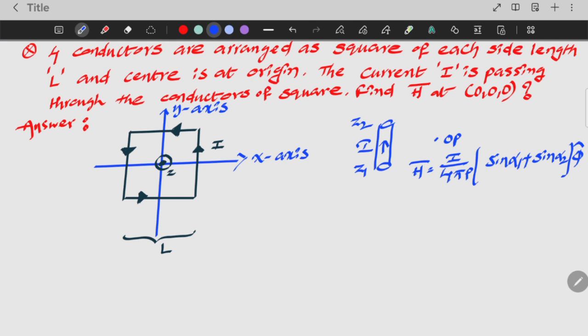Here they did not give the value of I, so we can take I only. Rho we have to calculate from the capital L, and alpha 1, alpha 2 we have to calculate, and phi cap also.